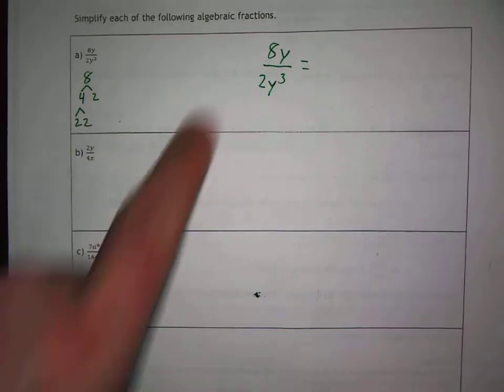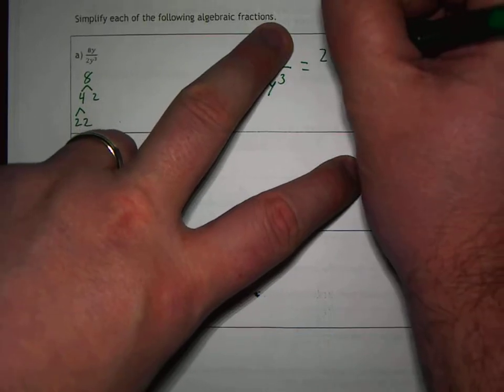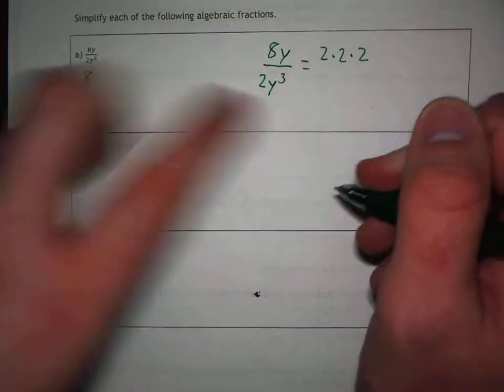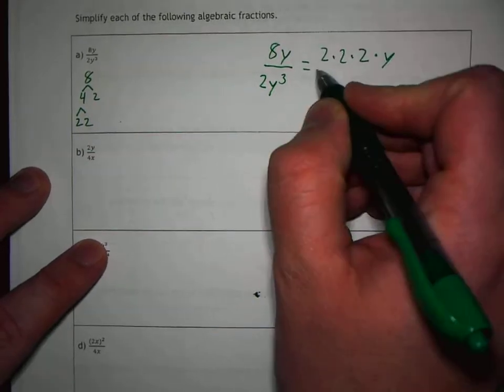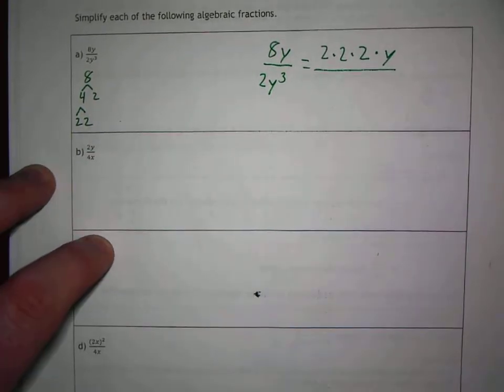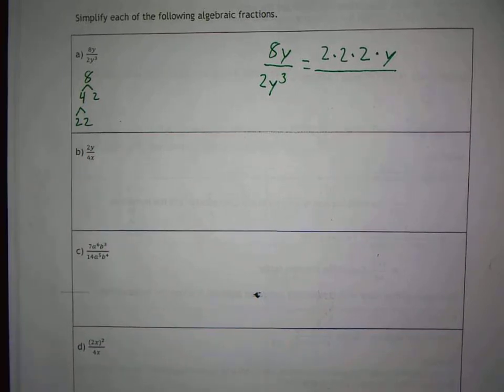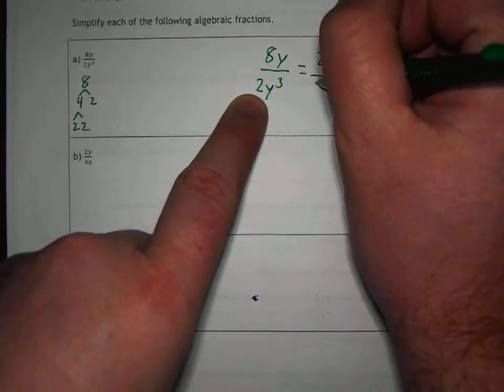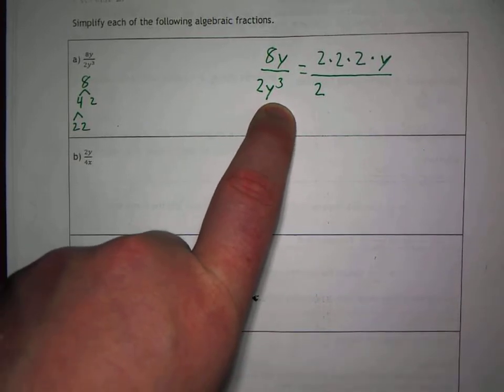So 8 breaks into 2 times 2 times 2. And y, well, that breaks up as y. Now when you think of the number 2, 2 is 2 times 1, right? So it's already broken down as much as you can, so just write it as 2. And then y cubed means y, y, y.